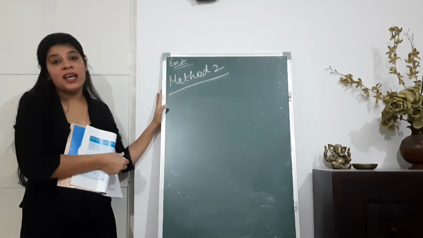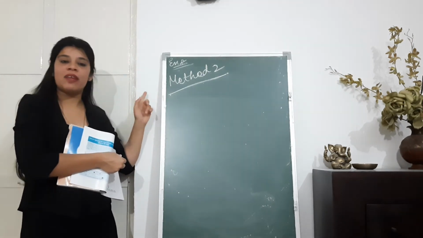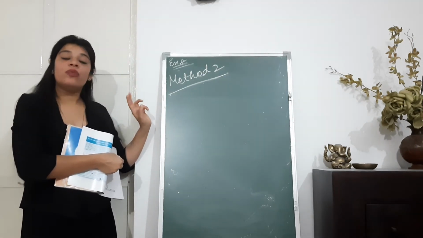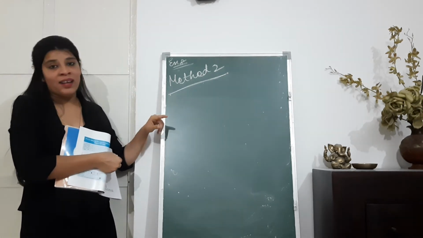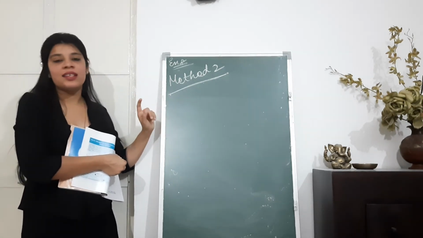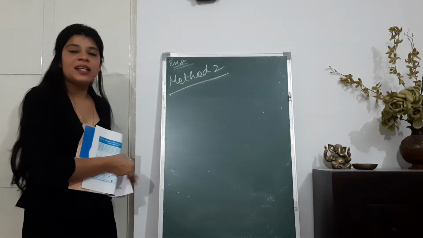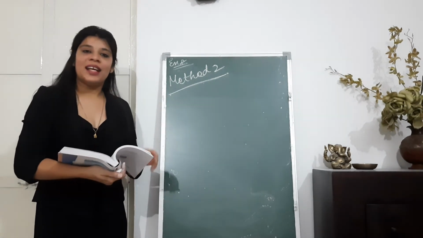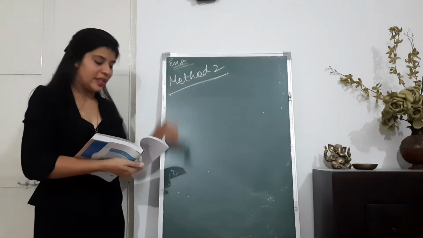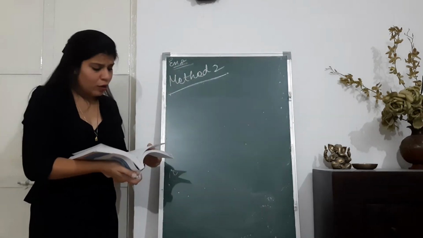By any chance, if you subtract like 25 minus 11 and you forget adding plus 1 in the previous method, then your answer is going to be wrong. So this method is sometimes easier than the first method. Okay? So how will this work?